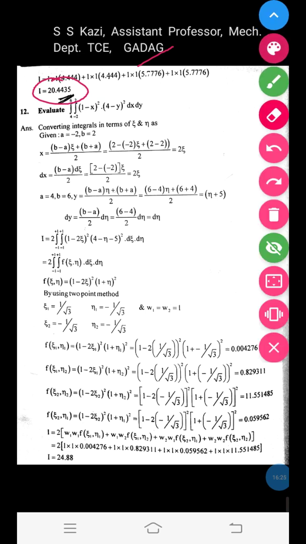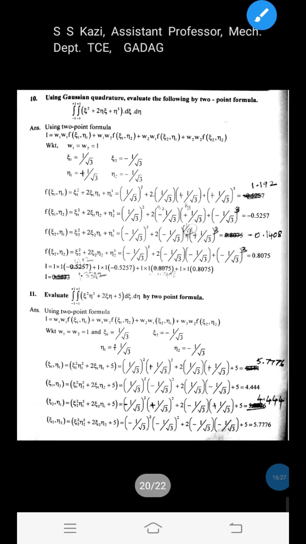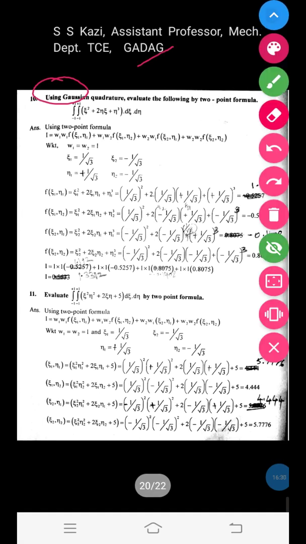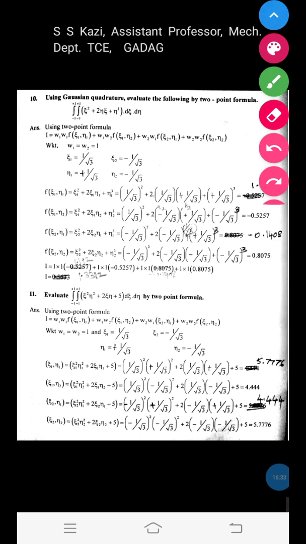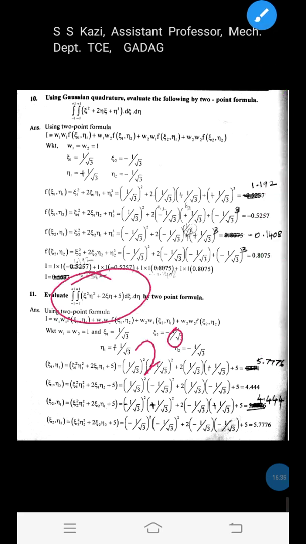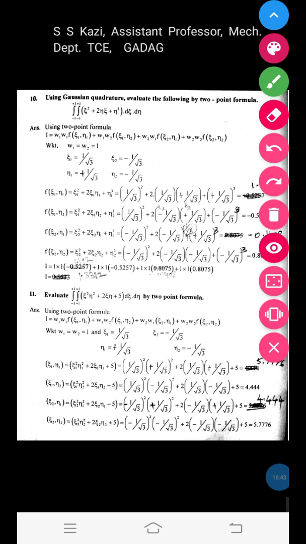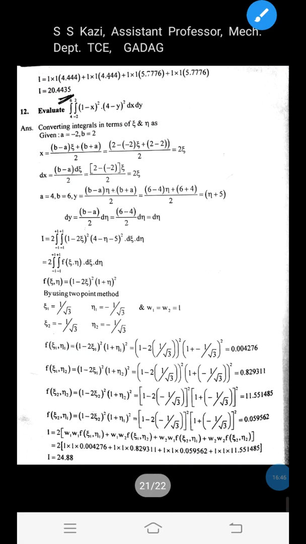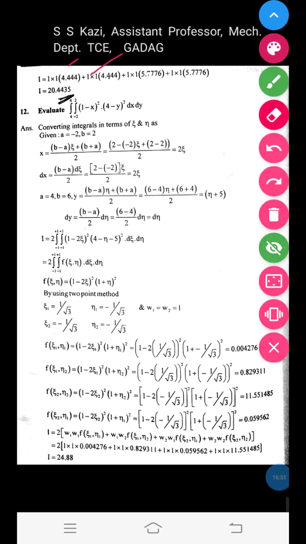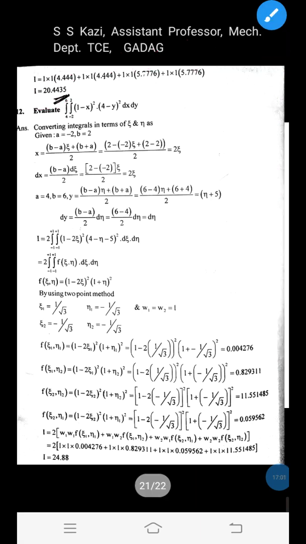Therefore, the value of this integral we got is 20.4435. Since here w1 and w2 are 1, it is just written 1 into 1, 1 into 1, and these function values we have substituted and calculated I is equal to 20.4435. I hope you have understood, my dear students.